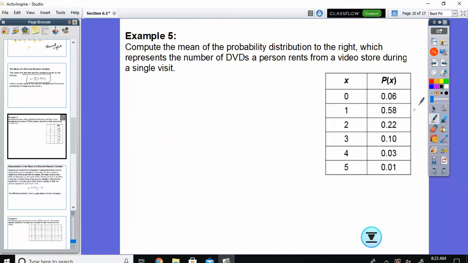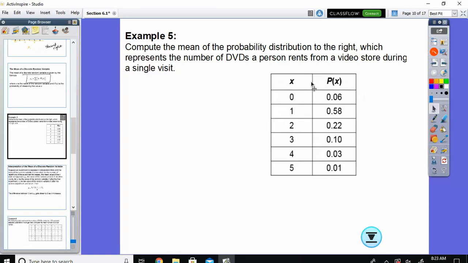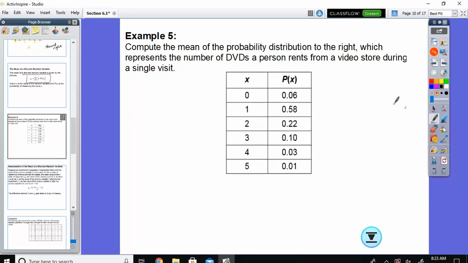So this was our data that we were looking at, we drew our probability distribution for it. So if I need to find my mean, we're just going to add an x times p of x column.